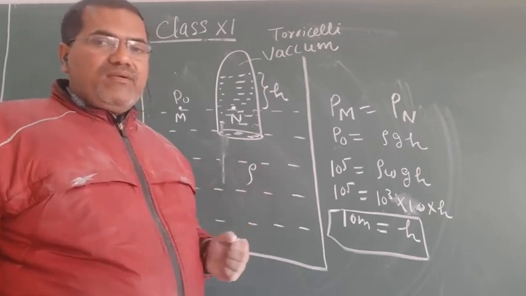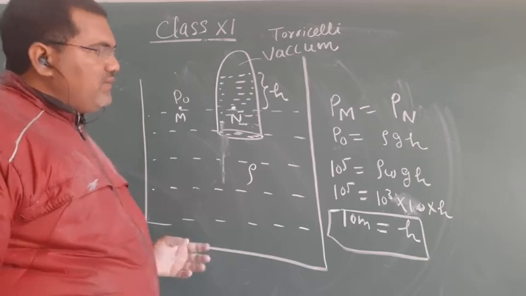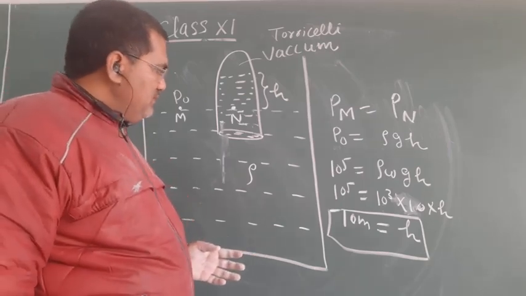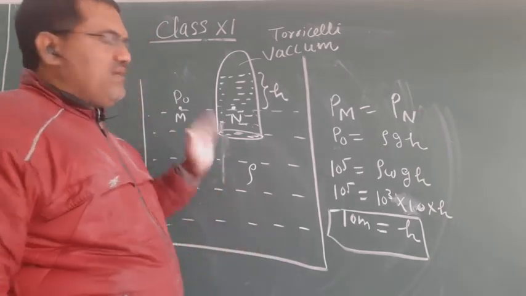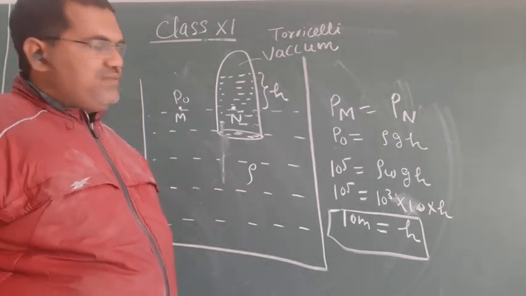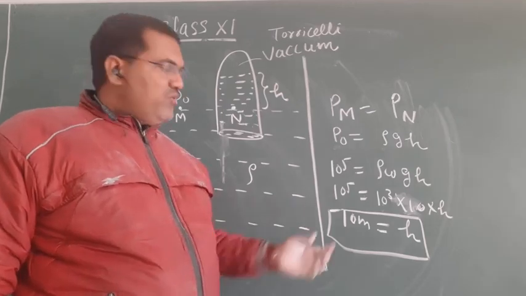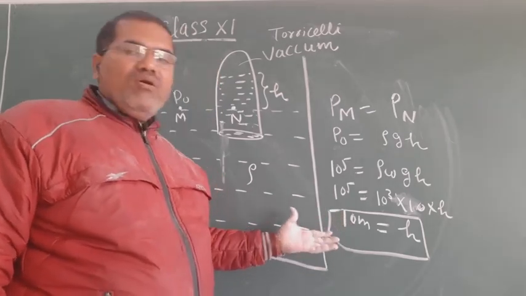So for measuring 1 atm you have to use a 10 meter barometer tube, which is impractical, an inconvenience. So water is not useful for making a barometer. This is the drawback of water, because 10 meters is a very long distance.